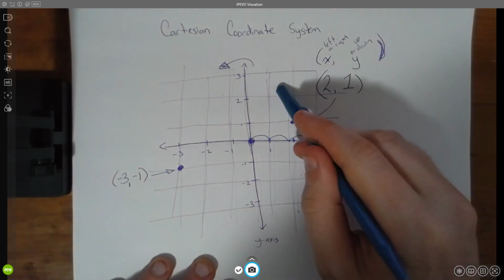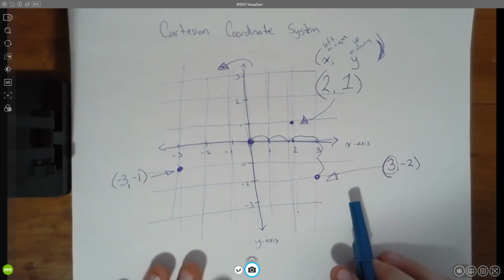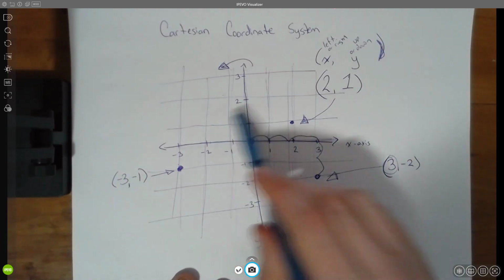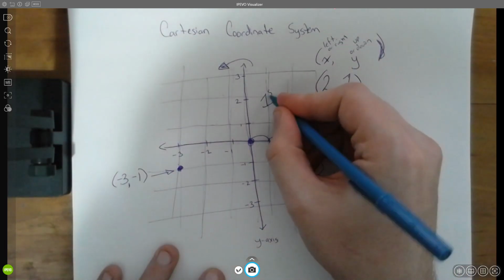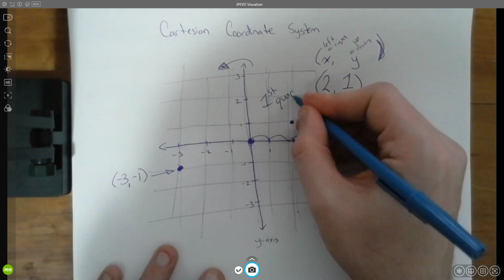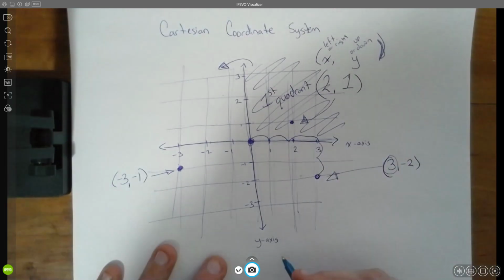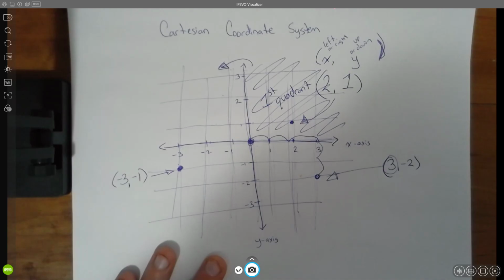We also talk about these as being different quadrants. Now, the word quad just means 4, so we can separate this into 4 different sections. Starting with the first one here, we would say that this is the first quadrant, and it encompasses all of this space here. And then we move our way around counterclockwise.